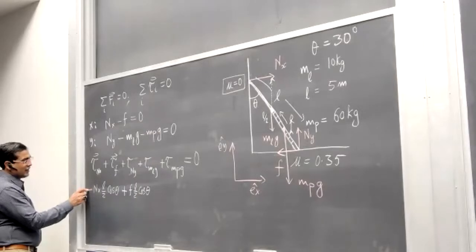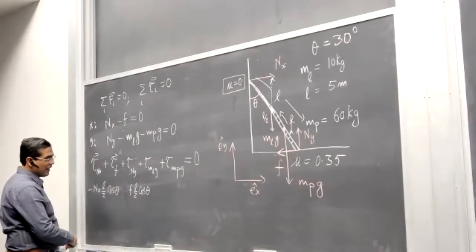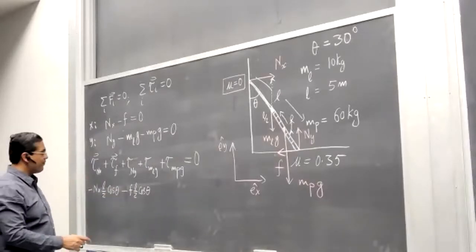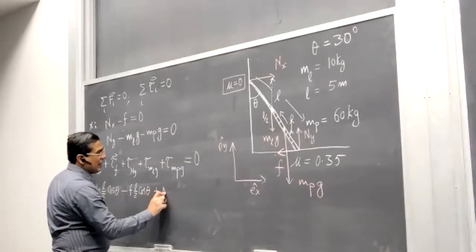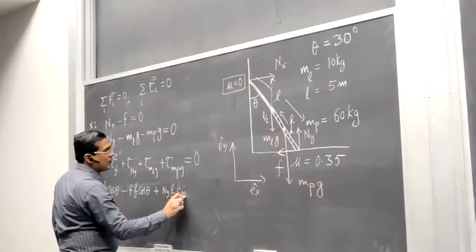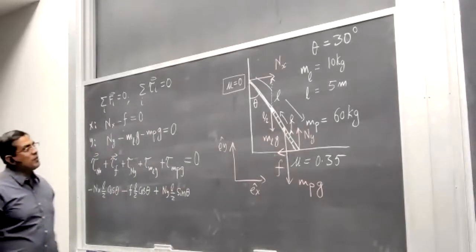That's what we decided, they are into the plane. So both of them are negative. And now that is out of the plane, so that would be positive. Ny L/2 sine theta.